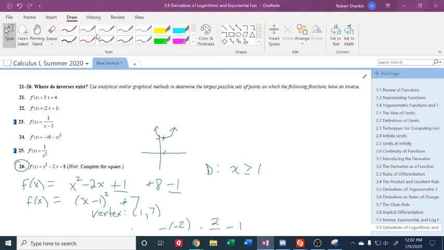Okay, let me embellish a little bit more. This parabola is not a one-to-one function. Horizontal lines are going to strike the graph in more than one point.